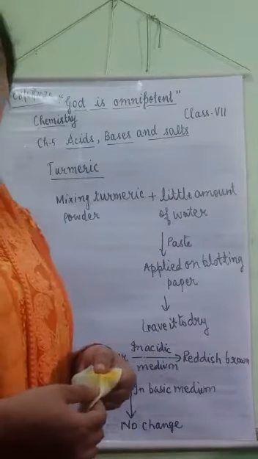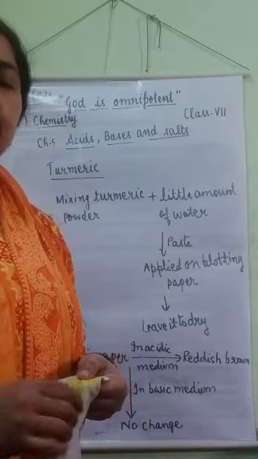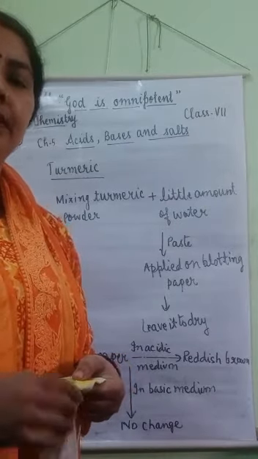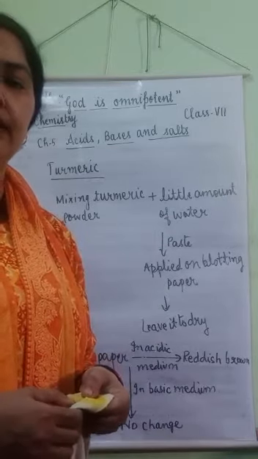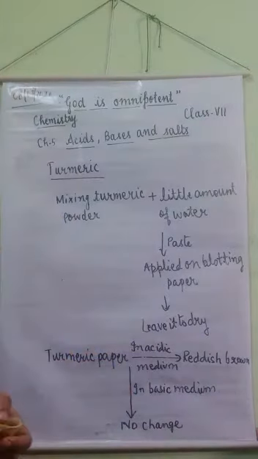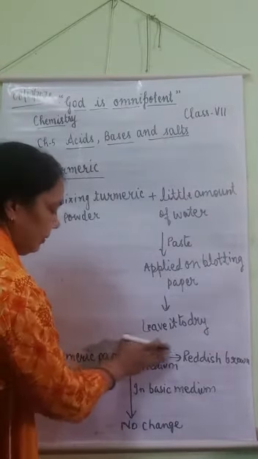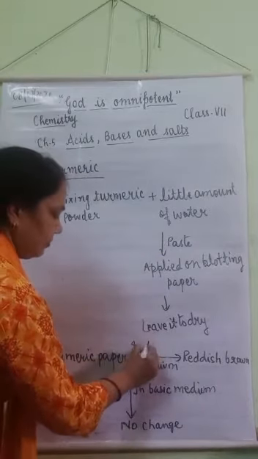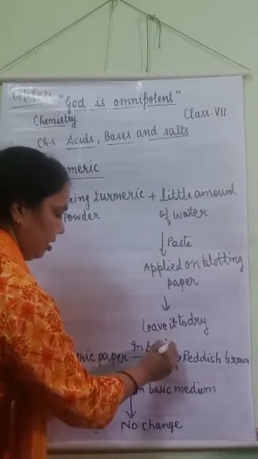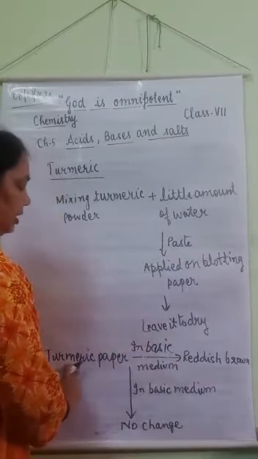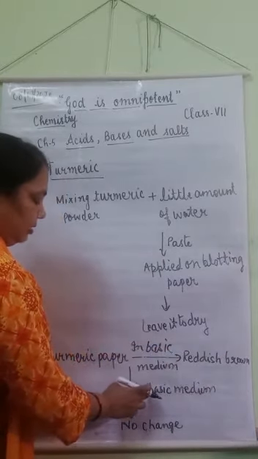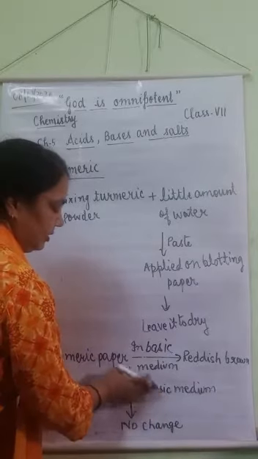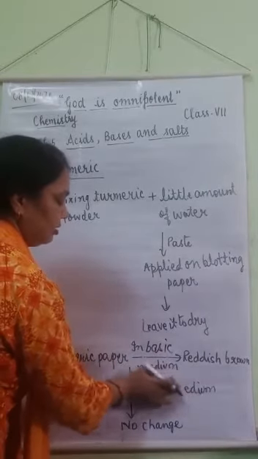So it shows that in basic medium, turmeric paper changes into reddish brown color and there is no effect in acidic medium. Turmeric paper changes into reddish brown color in basic medium, and in acidic medium there is no change.